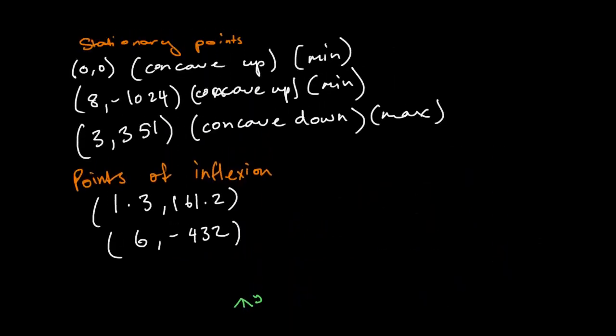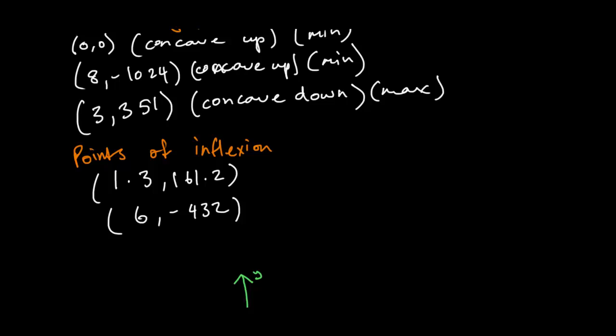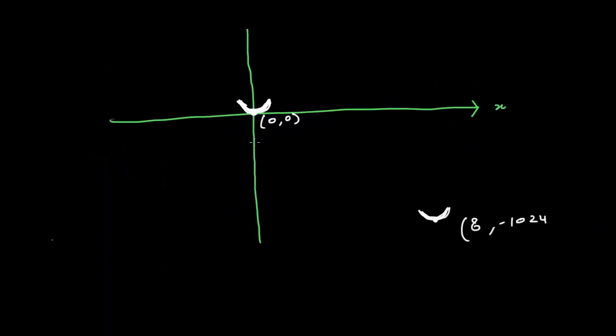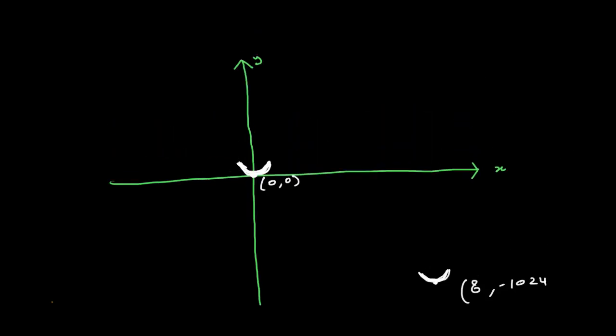Okay. So now we have 3 and 351 left. So last one here, 3, 351. Okay. So 351, I'd say something like that. So that was concave up. So just graphing it like this, so we know how it looks already.